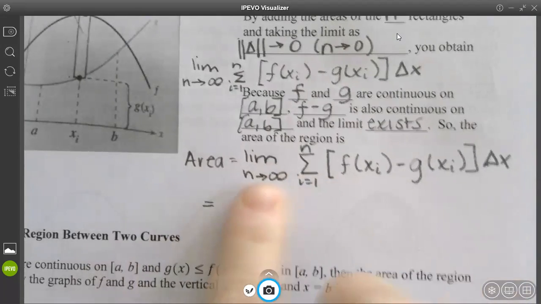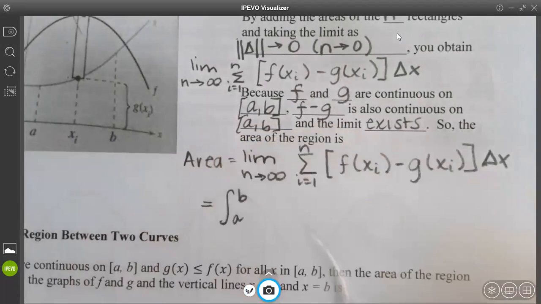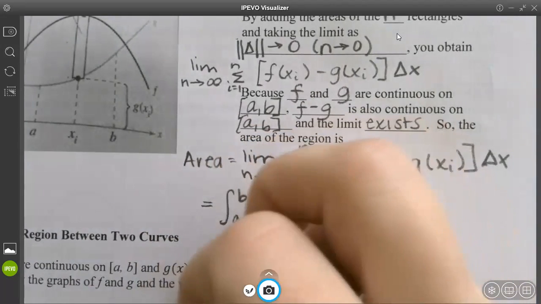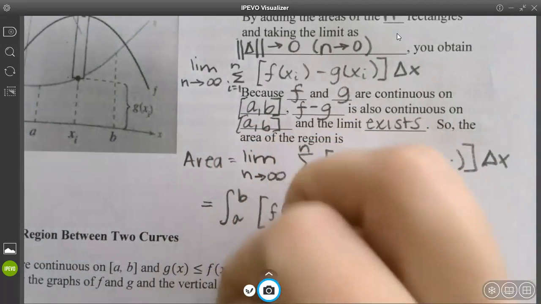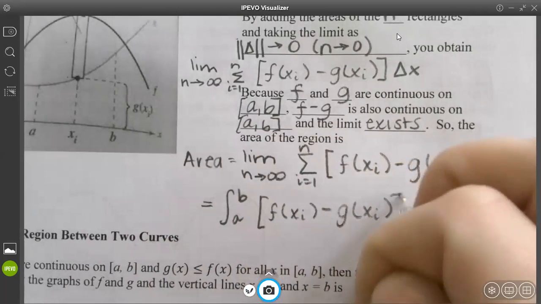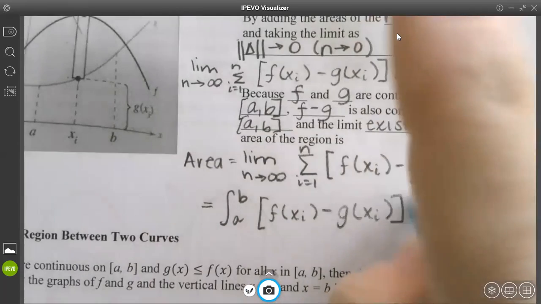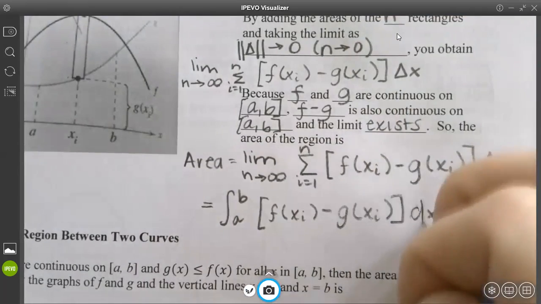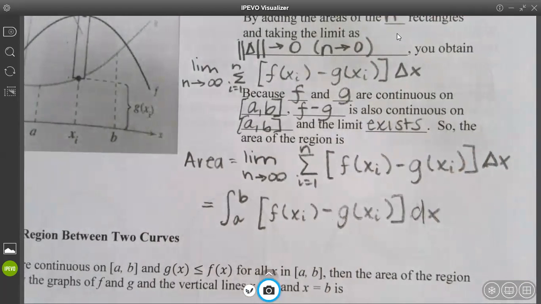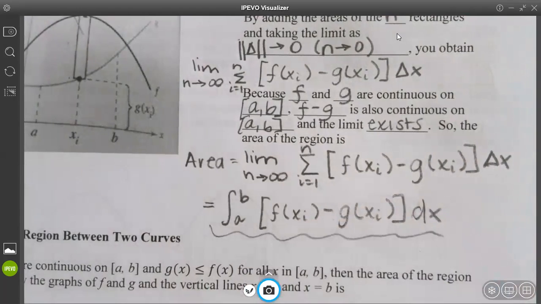So instead of using the limit definition, we can do the integration from a to b of f of x minus g of x dx, sorry, not delta x, dx. So this is what we're going to focus on. We don't have to do the limit definition. We can just do the integration.